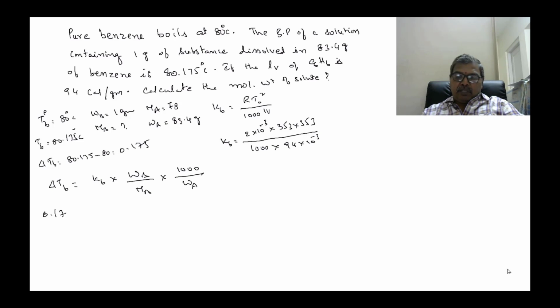So this is 0.175 equals the Kb value, 2 into 10 power minus 3 into 353 into 353 by 1000 into 94 into 10 power minus 3, times the weight of the solute, 1 gram, divided by the molecular weight of the solute, which we don't know, into 1000 by the weight of the solvent, 83.4. From this you calculate the molecular weight of the solute.